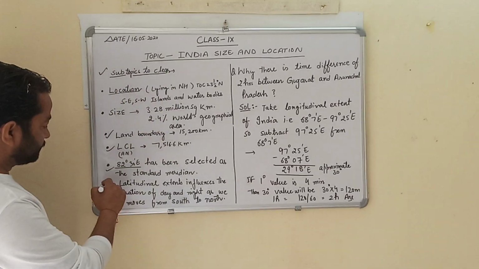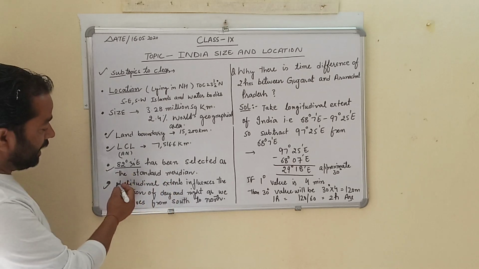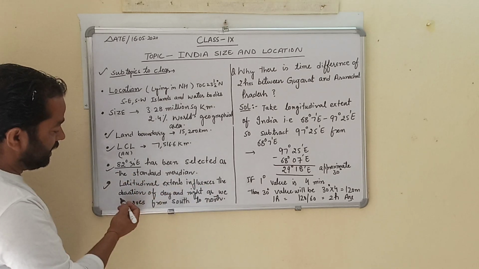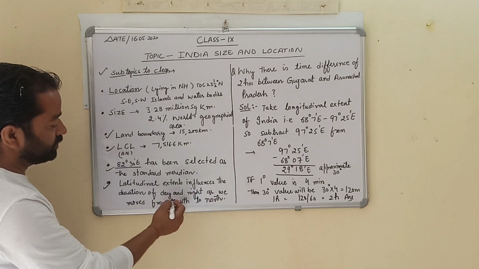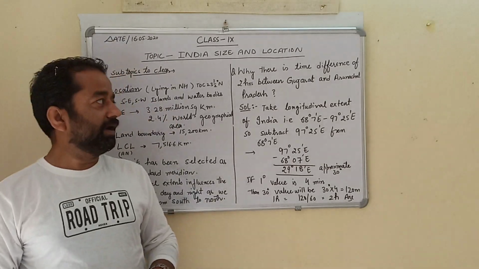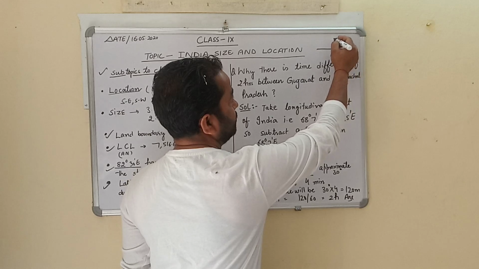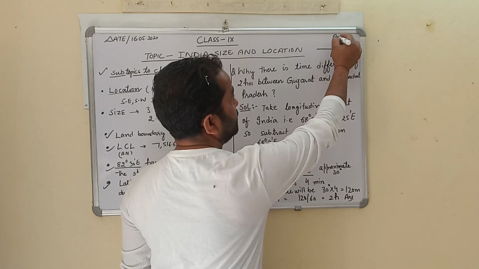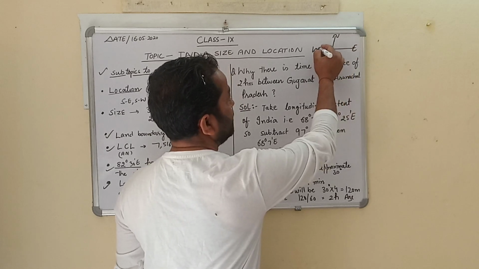Next is latitudinal extent. Here I have written: latitudinal extent influences the duration of day and night as we move from south to north. In the junior classes you might have read about these cardinal directions such as north, south, east, west.